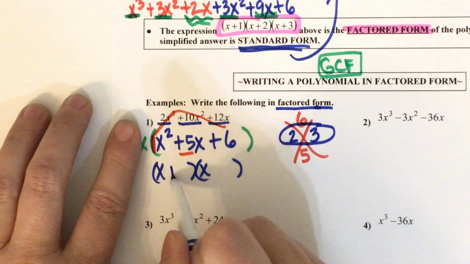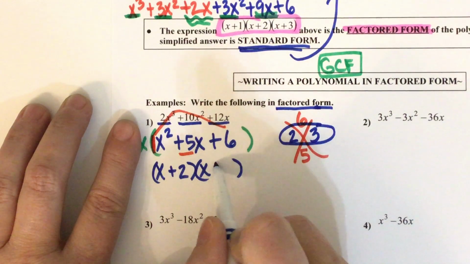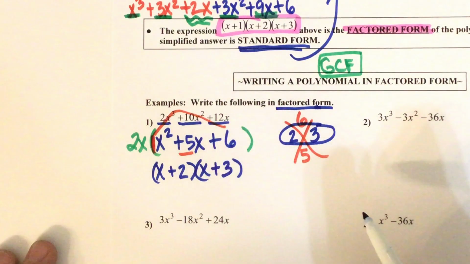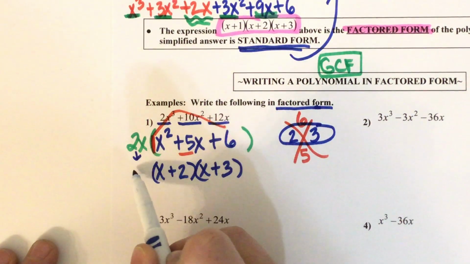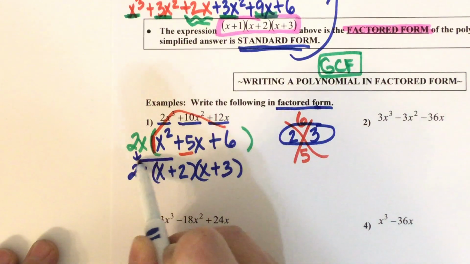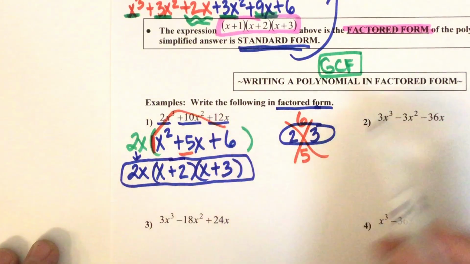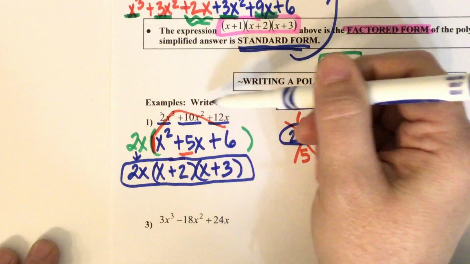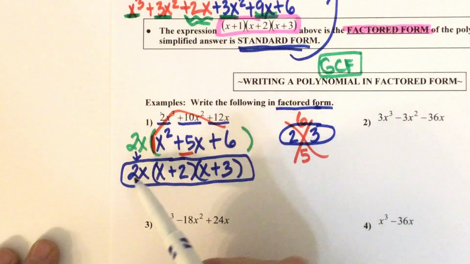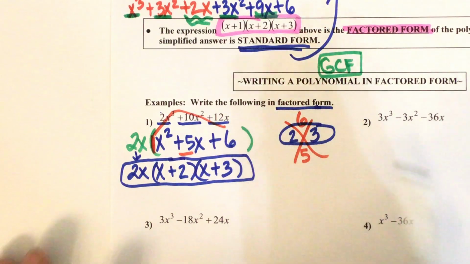So positive 2, positive 3. And then don't forget to drop your GCF. Shoo! And this is factored form. So standard form looks like this, all multiplied out, and factored form looks like this with the parentheses.